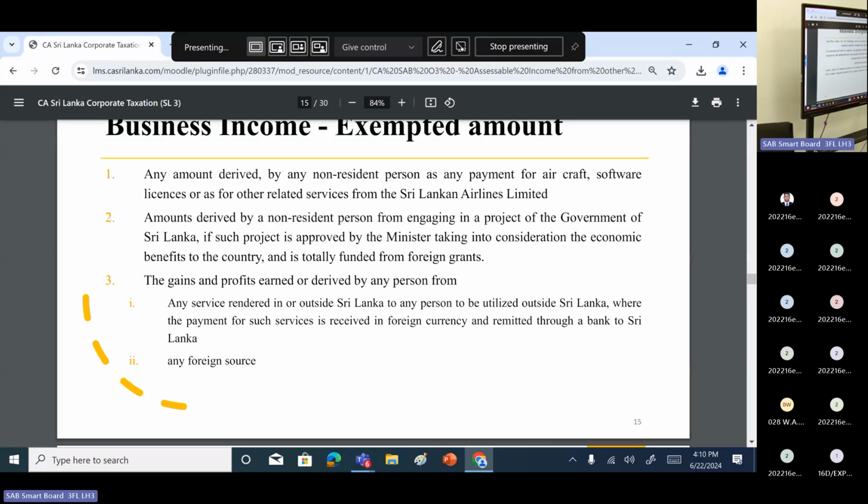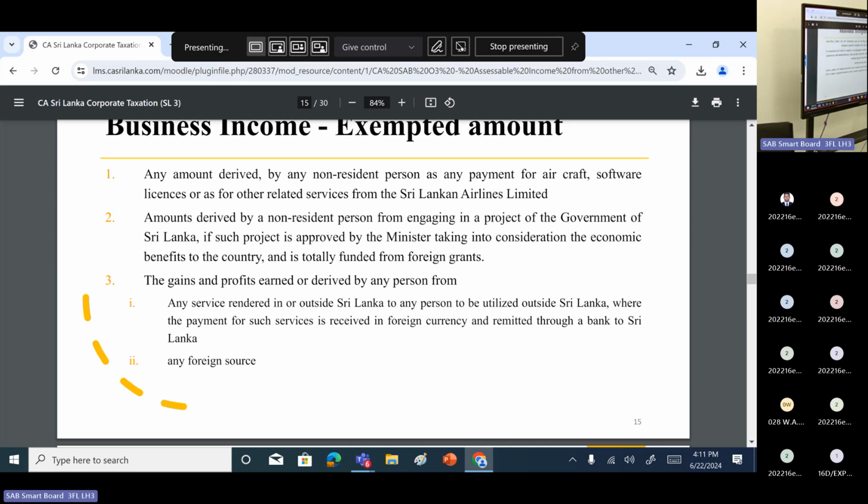So here, what is mentioned? Services provided by a resident person in Sri Lanka to a person outside Sri Lanka. So these three conditions need to be satisfied. The services should be provided to a person outside Sri Lanka and the services should be consumed outside Sri Lanka. Right?